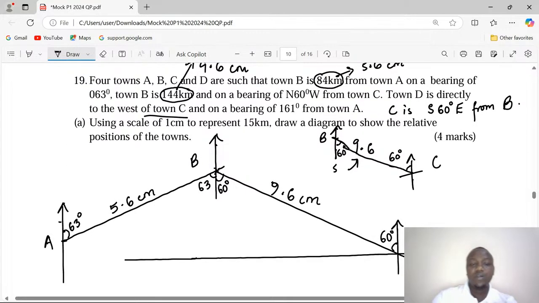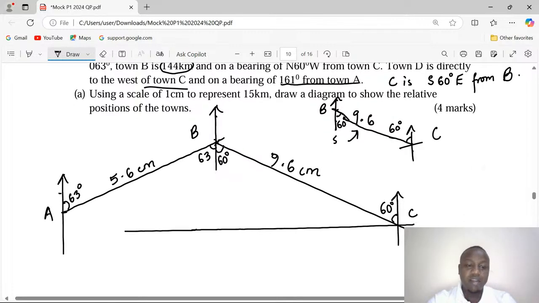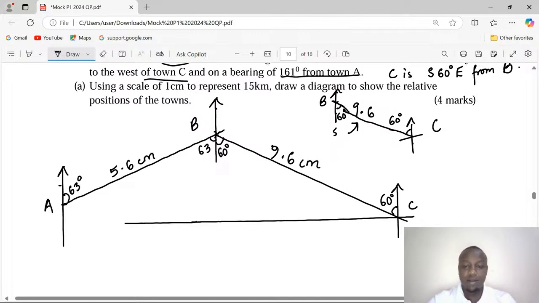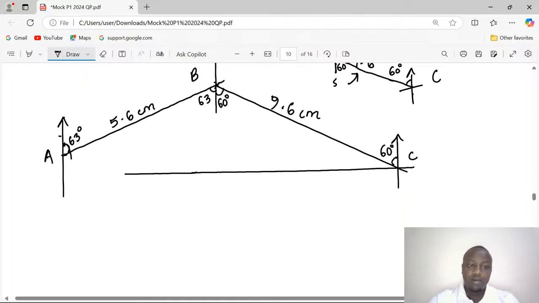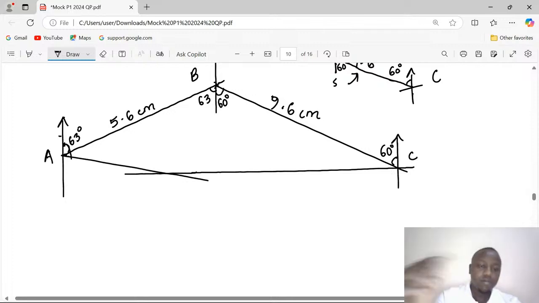And also, D is on a bearing of 161 from A. So from A, a bearing of 161 degrees.